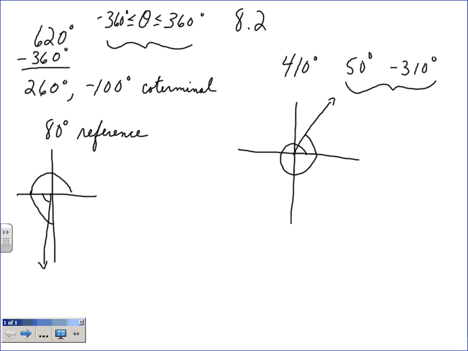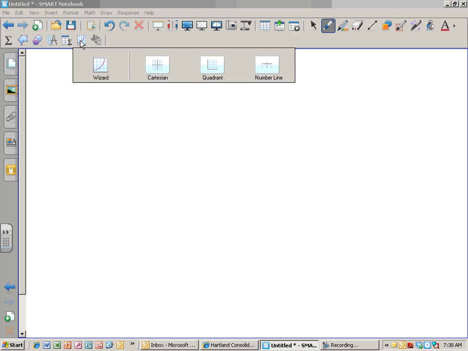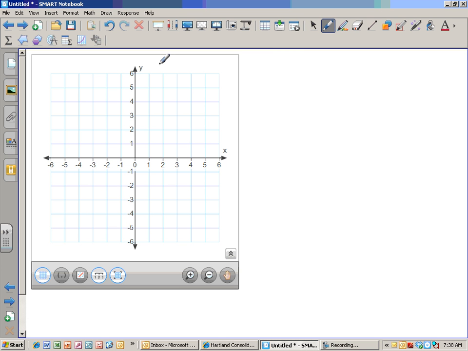Find the exact values of the six trig functions of theta given each point on the terminal side of theta in standard position. All right, this is problem number 43: negative 4 and 6. I think it's helpful to plot it. Negative 4 and 6, so that's that point right there.